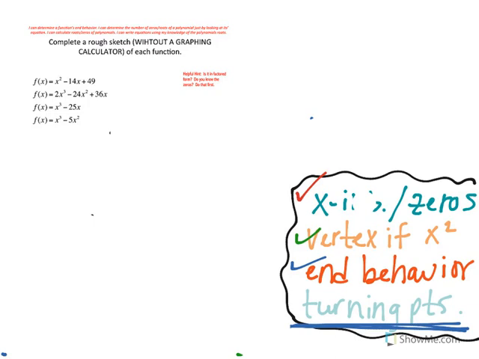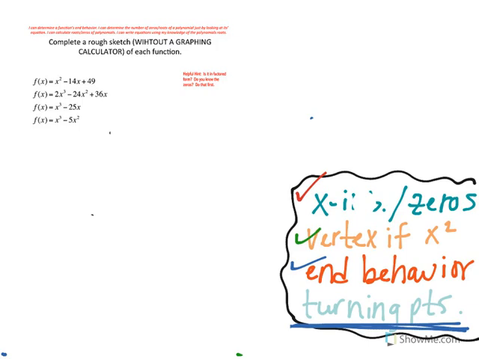Just so you've got an example of something that's not quadratic, let's try the second one. I'm not going to walk through that one step by step, but I do want you to pause the video and see what you can come up with for that second one of 2x cubed minus 24x squared plus 36x.